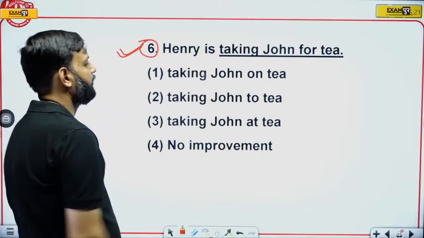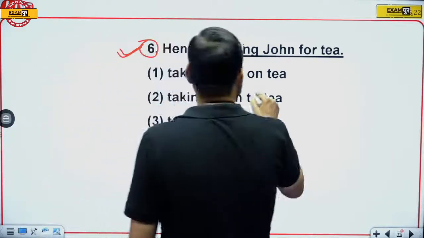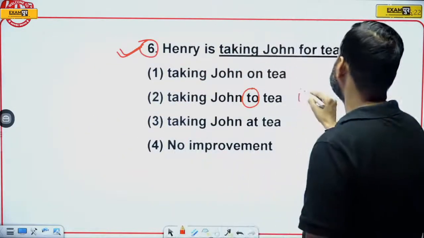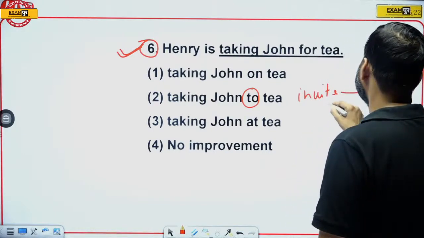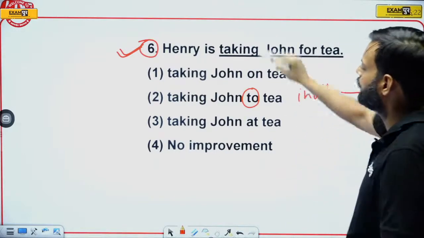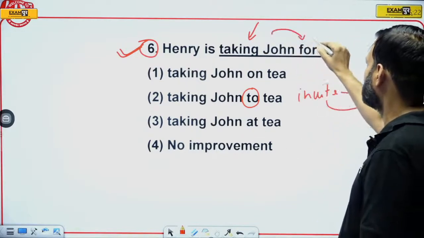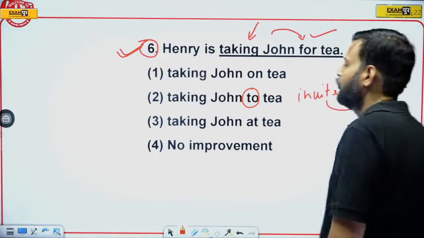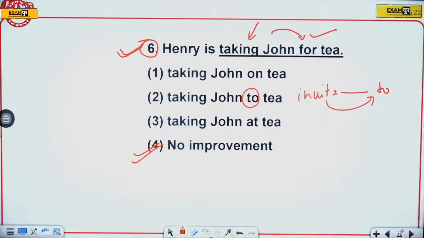This sentence is absolutely correct, because the preposition to is used with invite. But here we do not have the word invite, we have taking, and with taking, for is absolutely correct. That's why this sentence has no improvement.